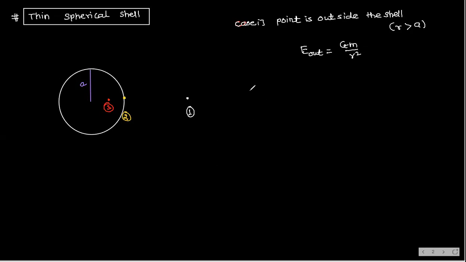Next is case number 2. Point is on the shell. It means R is equal to A. You can see here, this is exactly on the shell. Then E on is equal to Gm by A square, because R is going to be replaced with A.